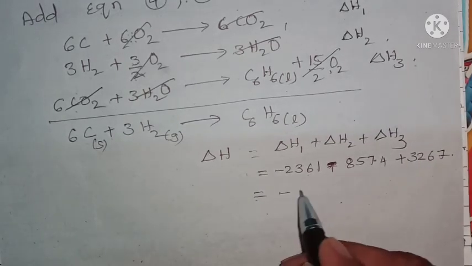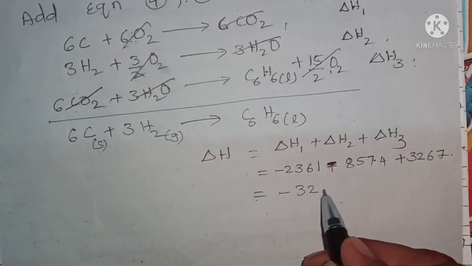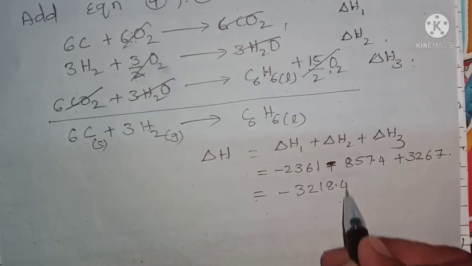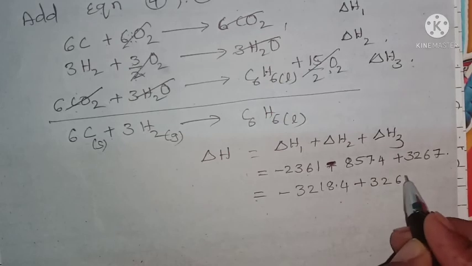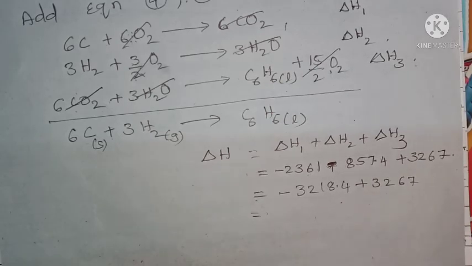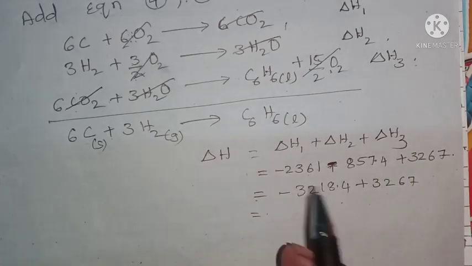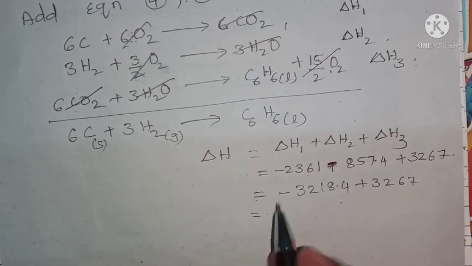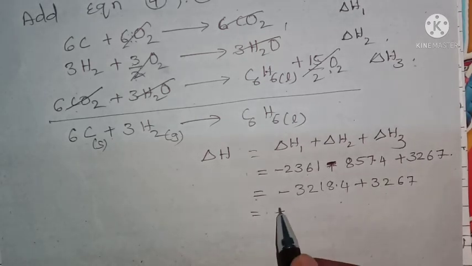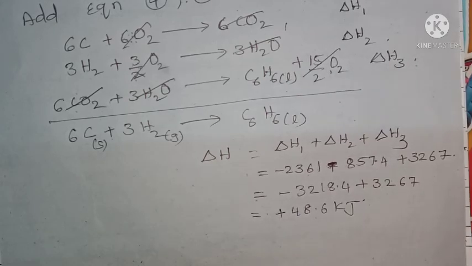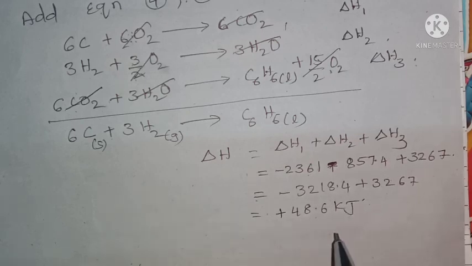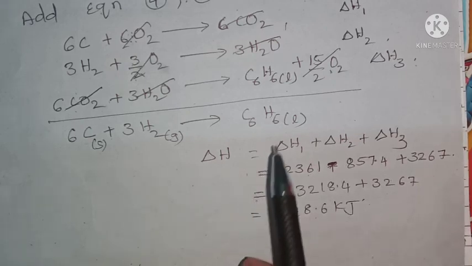That is minus 3218.4 plus 3267. Subtraction of these two will give plus 48.6 kilojoules. This is the amount of heat energy absorbed whenever 1 mole of benzene is formed.